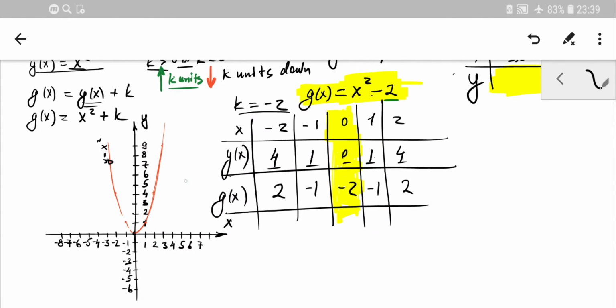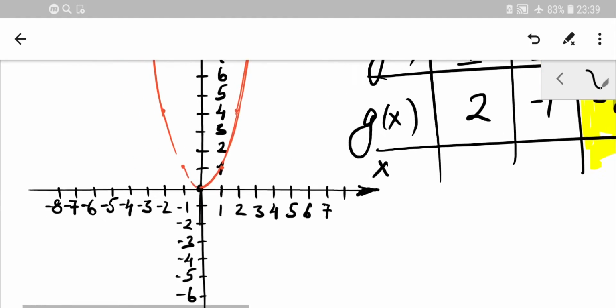And because we've already got the points for the basic parabola, let's simply subtract visually, first of all. I just want to use this formula, x squared minus 2, and for a given value on our basic parabola, I simply subtract 2. So let's do it.